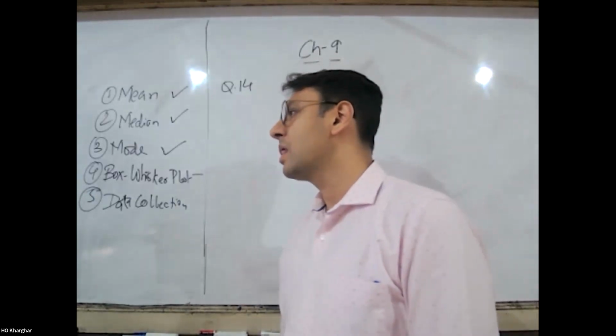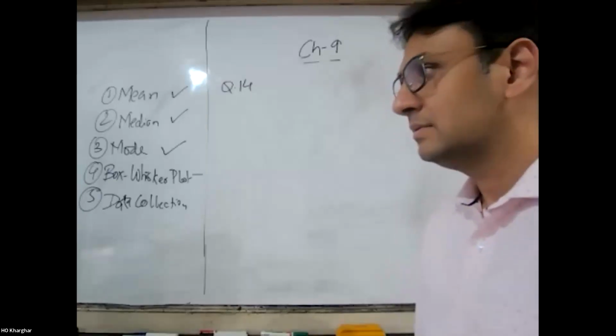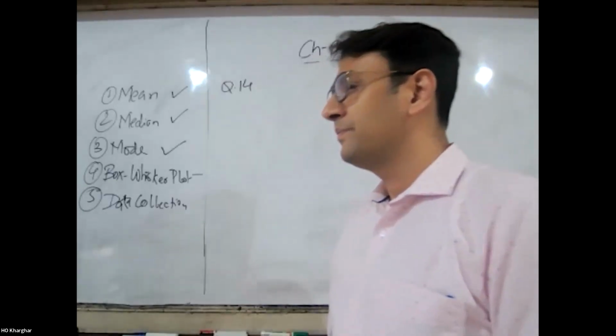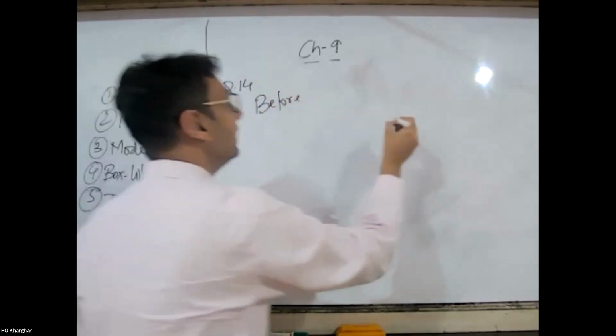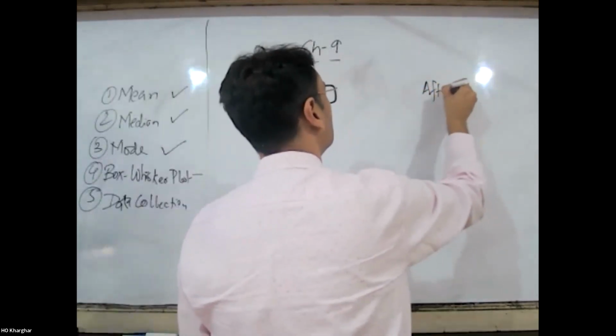Wait, after dividing 12 by 2, I got 6. Okay. Fixed number, and then median is going to be 1. So I'll divide this question in 2 parts. One is before, and let's say the other is after.